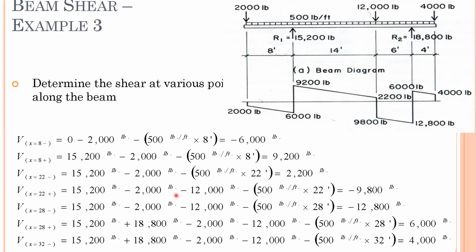So you work out the 1,200 minus this part, which was 500 times 22. What's that value? 500. Somebody would even jump in and tell me the value. 11,000. So the 11,000 minus the 12,000 minus this gives you minus 9,800.